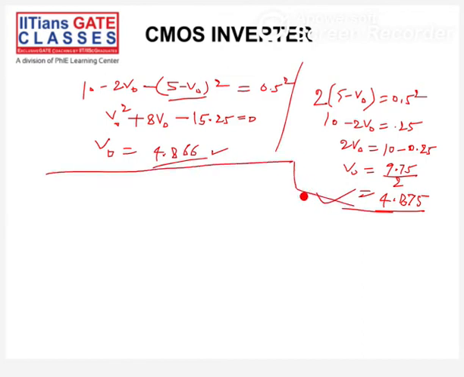Now both are in saturation, so in that case IDS1 will be equal to IDS2.